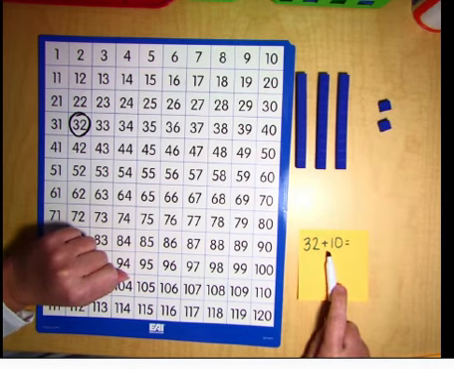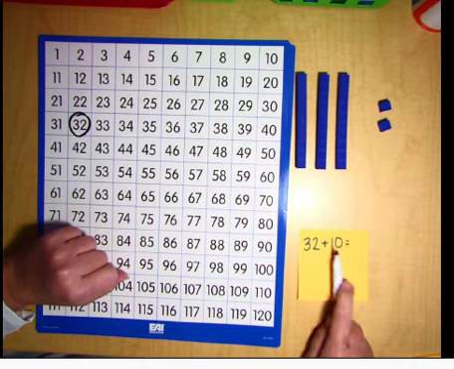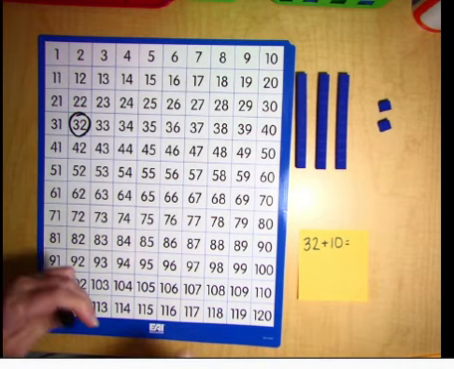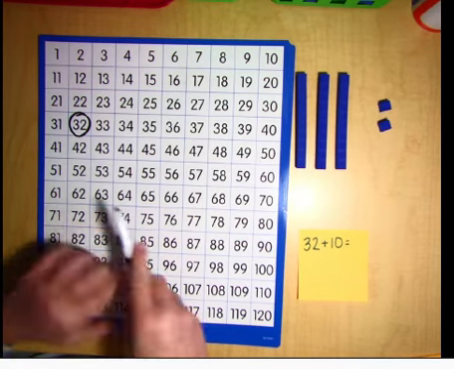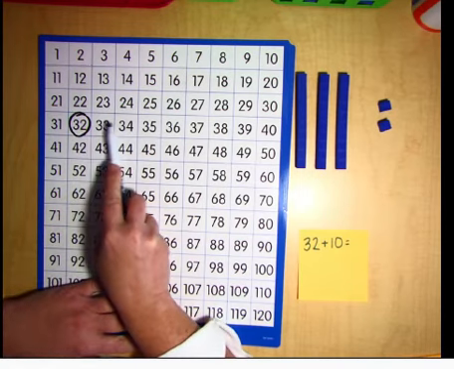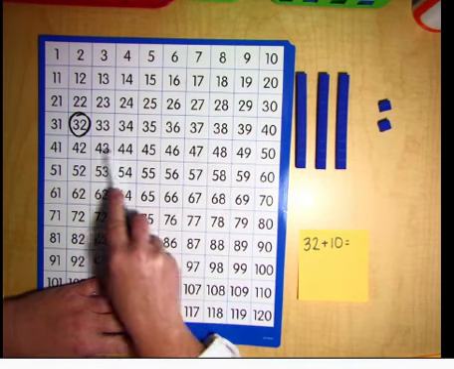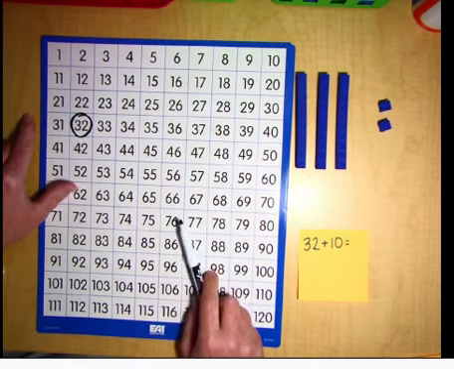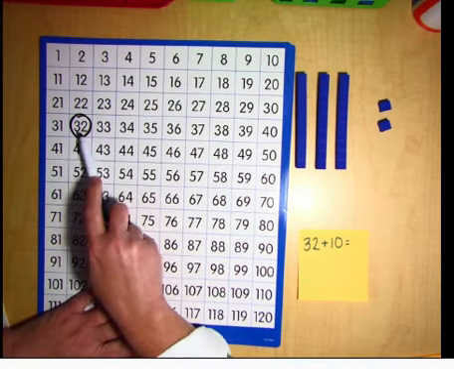Now my action or operation is addition. So I'm adding 10. That means we're going to get bigger by 10. And so when we add on our 100 board, we can count on forward to the bigger numbers to add, and we go backwards to the smaller numbers to subtract. So let's look at 32.